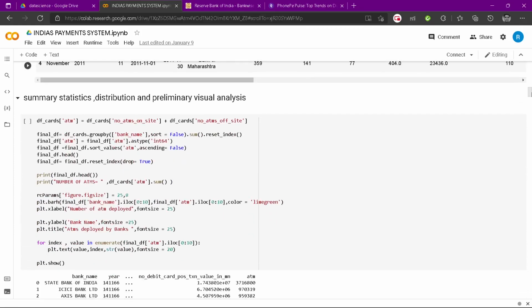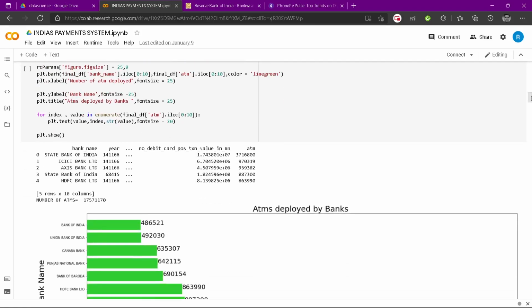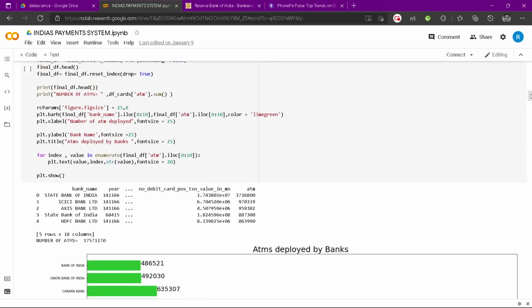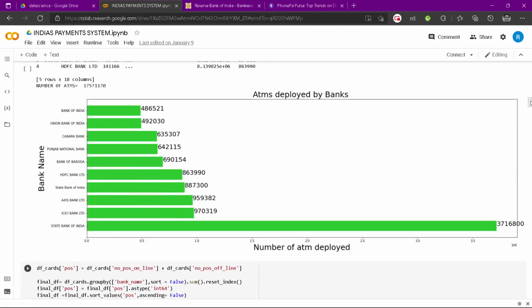So we came to the summary statistics and distribution, and the preliminary visual analysis, in which we display the visual analysis of our data, like ATMs deployed by the top 10 banks over the years.